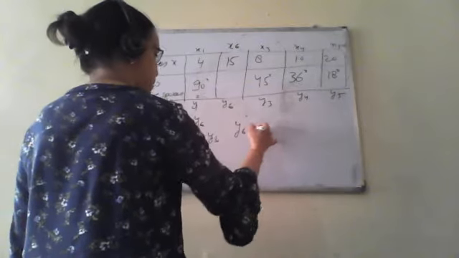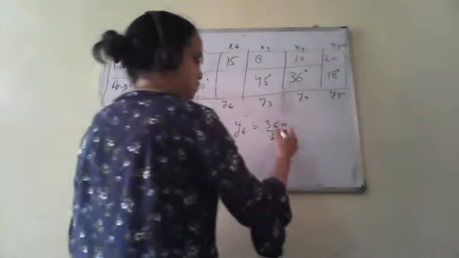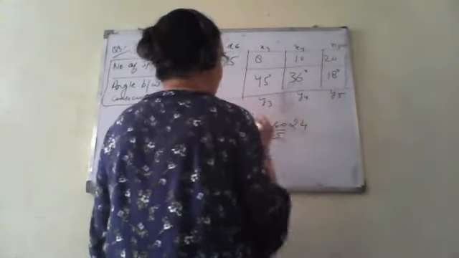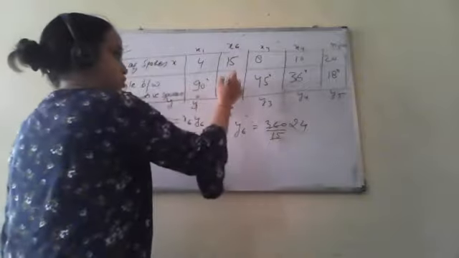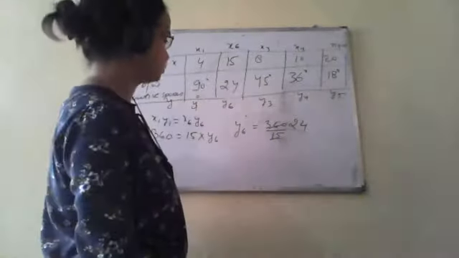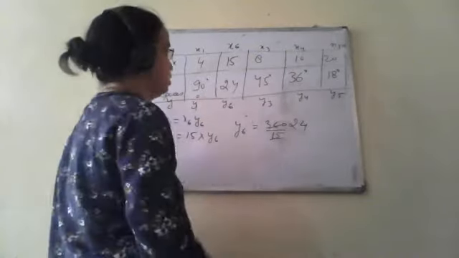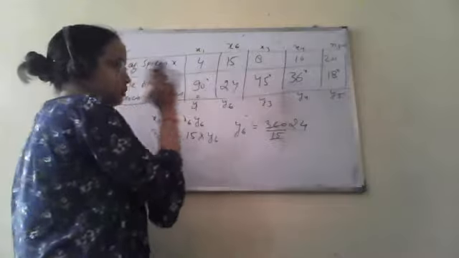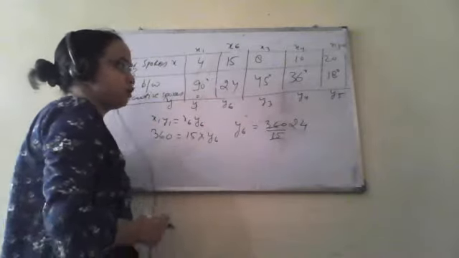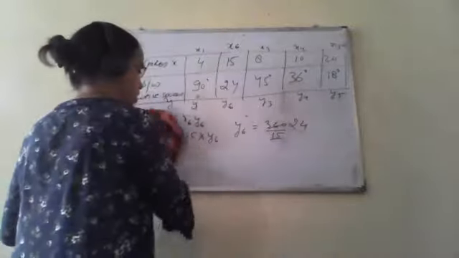So y6 will become 360 upon 15. It becomes 24. That means when the number of spokes is 15, the angle between two consecutive spokes will be 24. Clear?